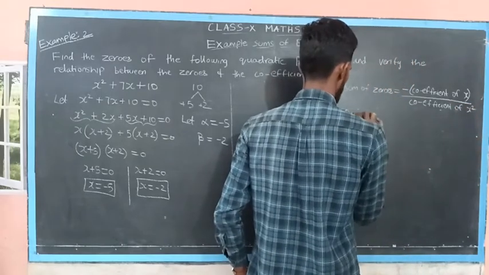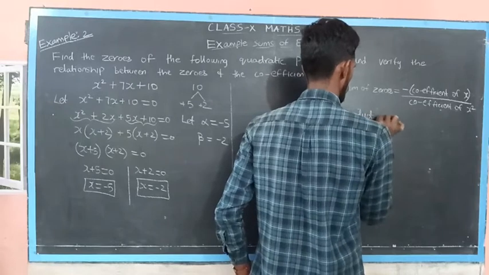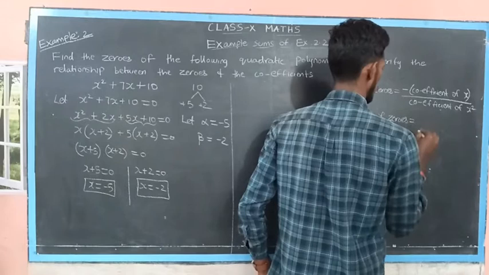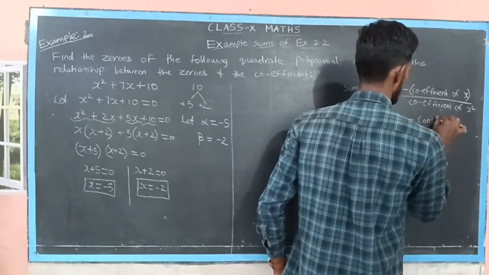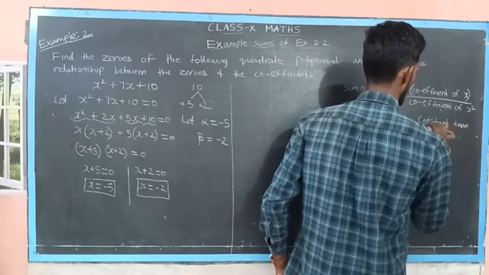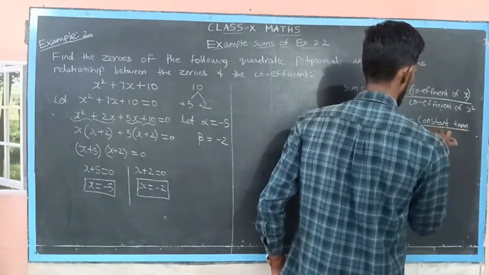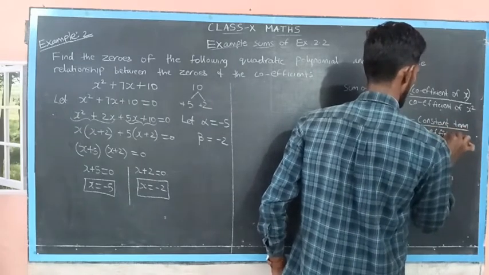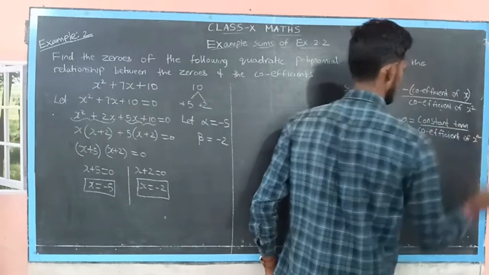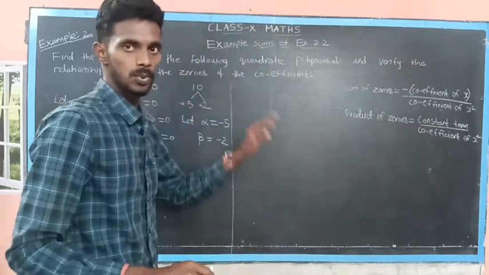Then the second condition is the product of zeros is equal to the constant term divided by the coefficient of x square. So these are the two conditions we have to verify.